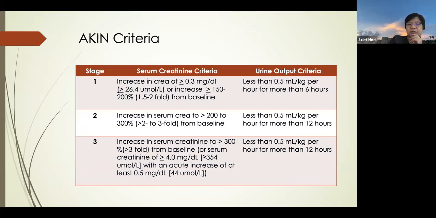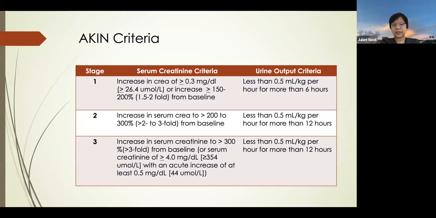So this is the staging, stage 1, 2, and 3. Stage 1 is more than 0.3 milligrams per dL increase, or a 1.5 to 2-fold increase from baseline, when the urine output is less than 0.5 ml per kilo for 6 hours. For stage 2, increased serum creatinine of more than 2 to 3-fold from baseline, and urine output of less than 0.5 per kilo per hour for the past 12 hours.